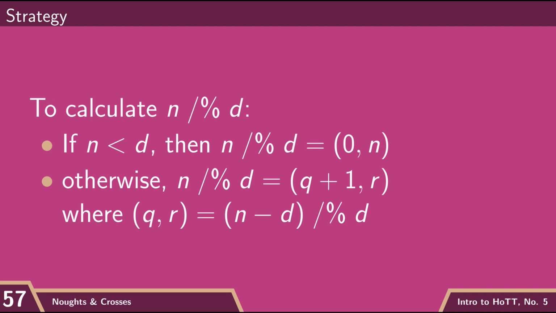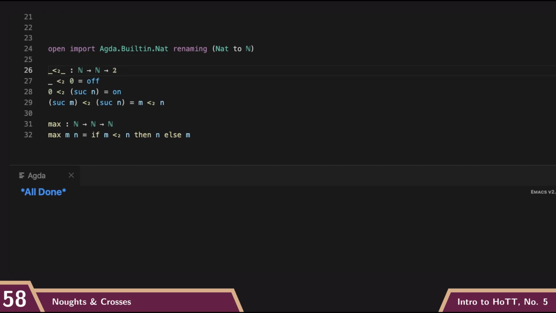Here's that expressed a little bit more precisely. We have a base case: if n is less than d, then I just return 0, n. Otherwise, I take d away from n and do that integer division to get some q and r, and then I increment the quotient. So let's implement this in Agda. Notice from our algorithm that we have to check whether n is less than d or not, and then do two different things.